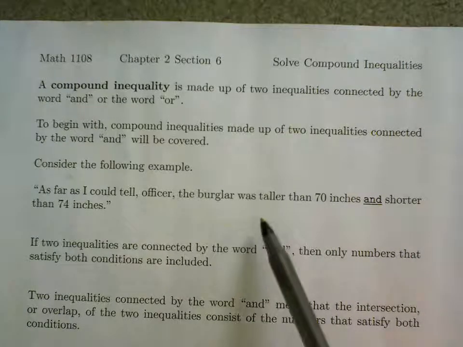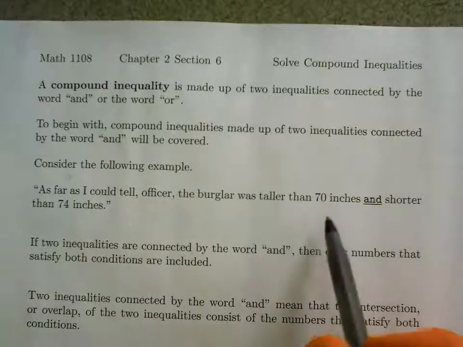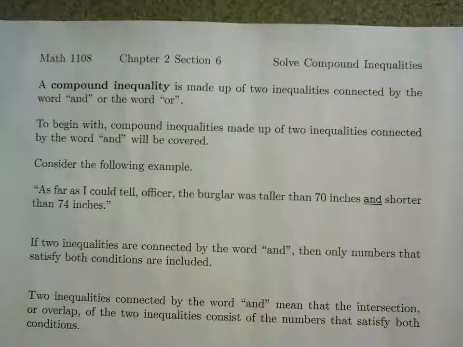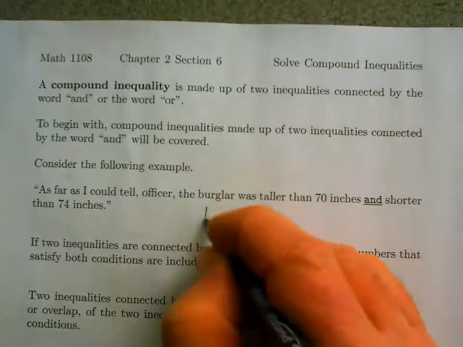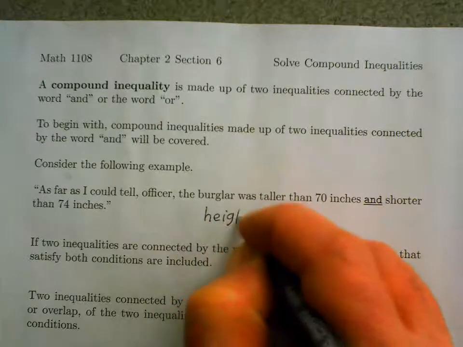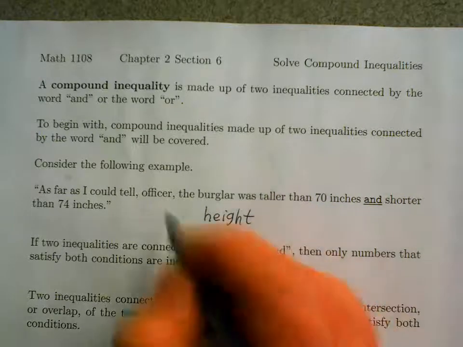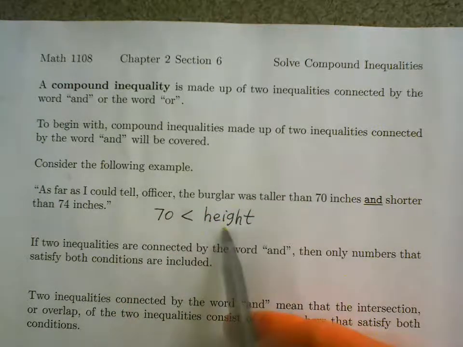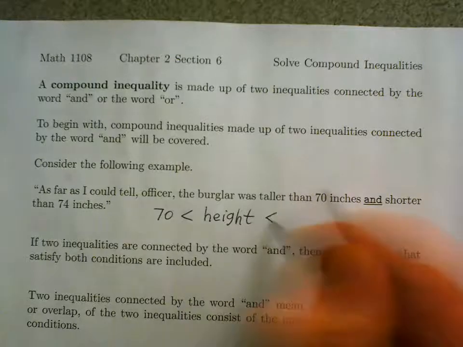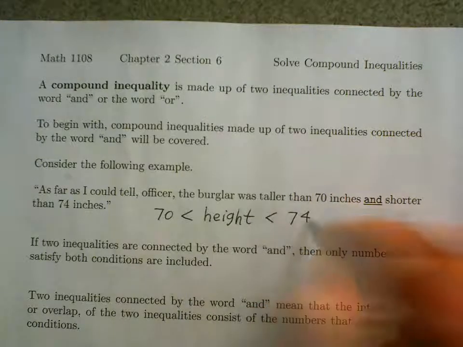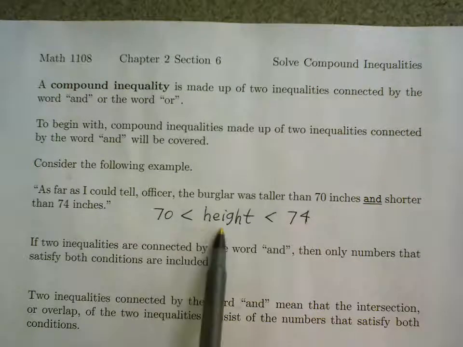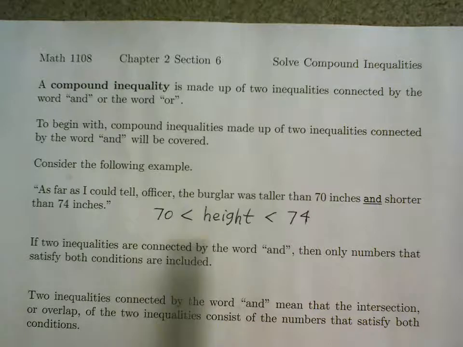So we could say, if the burglar was taller than 70 inches and shorter than 74 inches, then 70 inches would have to be less than the height. And at the same time, the height would have to be less than 74 inches. So this is a rough way to write the compound inequality.